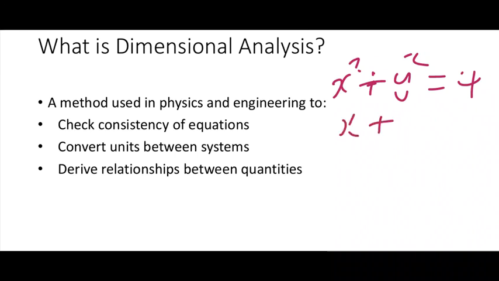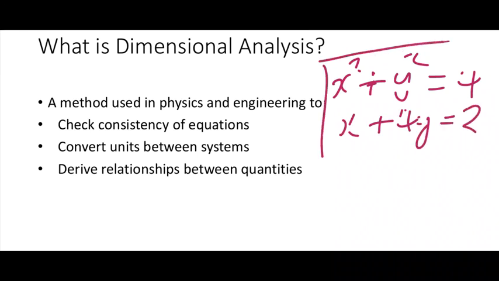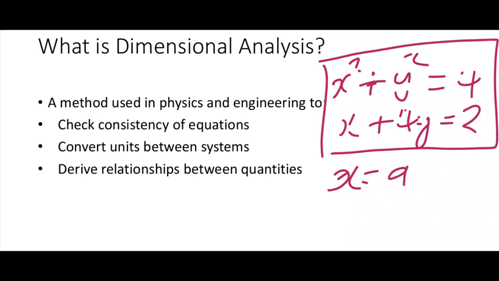Then also have x plus 4y is equal to 2. Prove that this equation is consistent, which means you should be able to get some values of x, which can be any constant, and then you can also find the solution, which is y being equal to what? So this is the implication of being consistent.